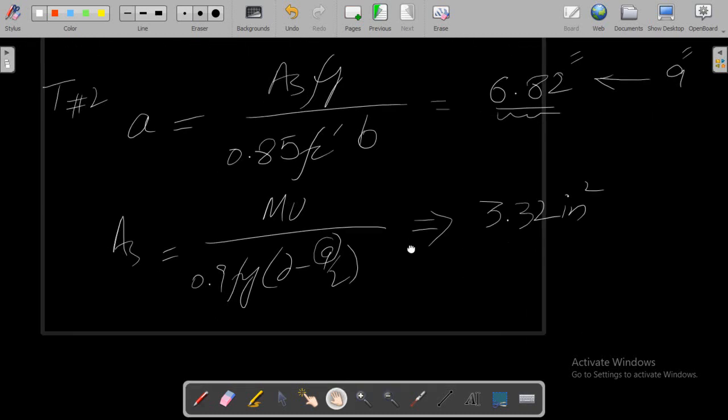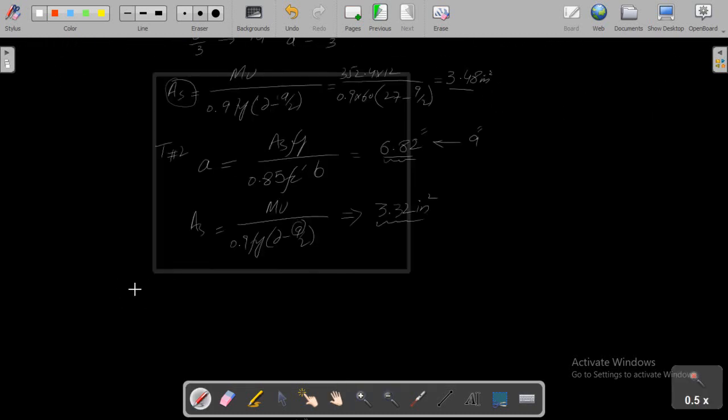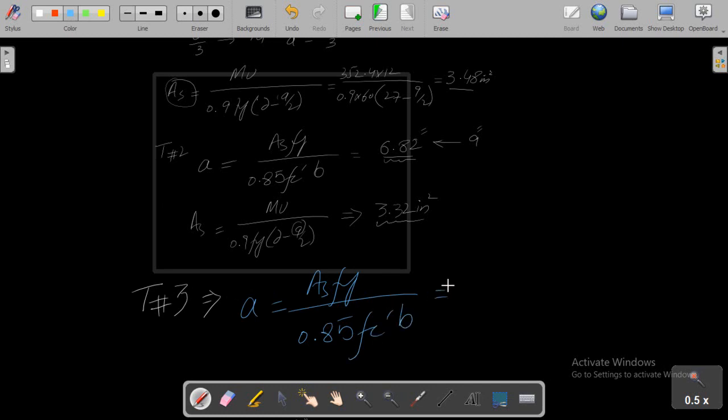Now we again revise. Let's say we are using trial number 3. We revise the a value. So a is area of steel times Fy divided by 0.85 Fc prime into b.